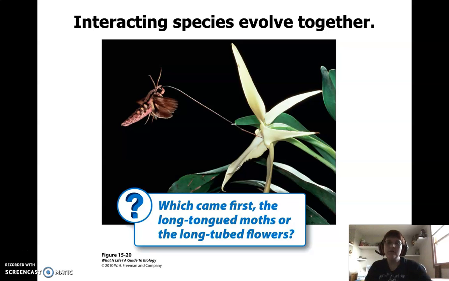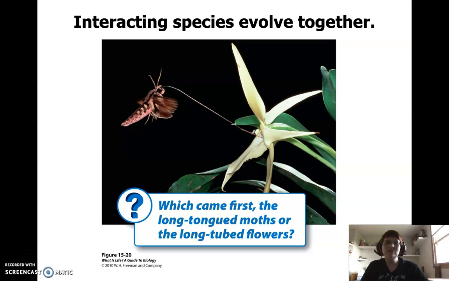And sure enough, about I think 20 years ago or so, someone finally was able to get video of this moth. And the proboscis, its tongue, is about 11 inches long. So it's the only insect that is able to get to the bottom of the orchid to get to the nectar.